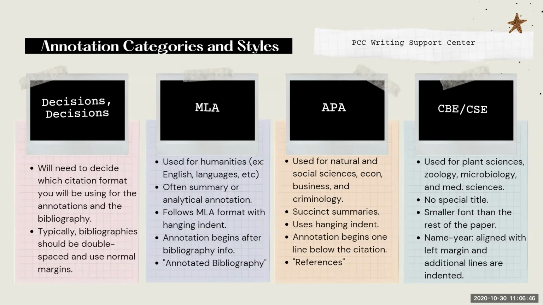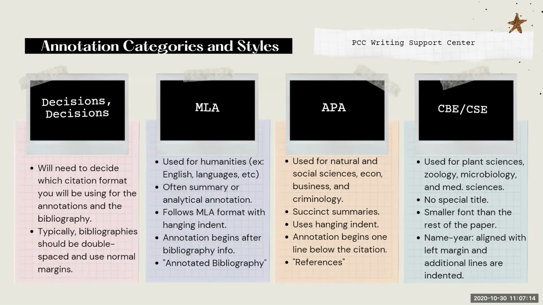So if you would like more information as to how to put together a works cited page for MLA formatting, I do recommend that you go check out our Cite It Right MLA formatting workshop that is found in our virtual workshop module. It was put together by the PCC librarians, and it goes into more detail as to how to put together a works cited page in MLA formatting.